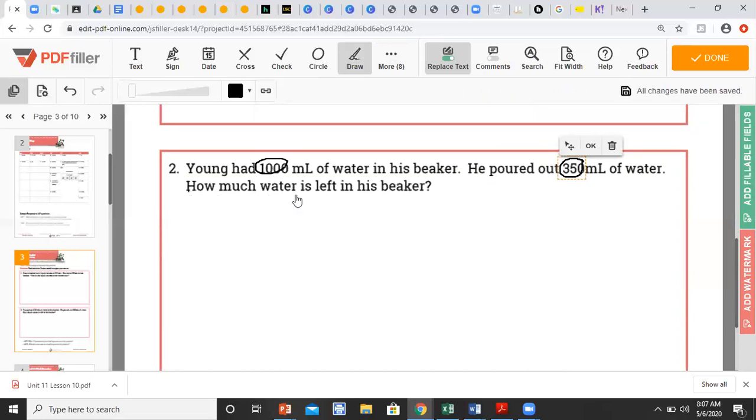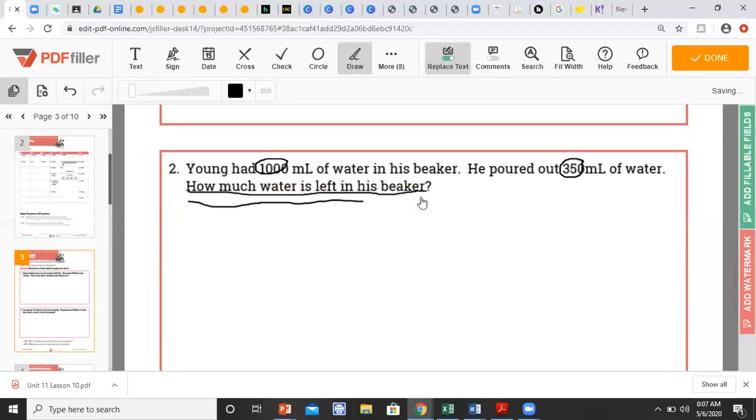I'm going to underline my question. Some of you may want to do a double underline from what we've done in the classroom, and that's okay. A key word here is poured out, so I am going to put a square around poured out. If you're pouring out something, boys and girls, you are decreasing or subtracting the amount that you had at the beginning.